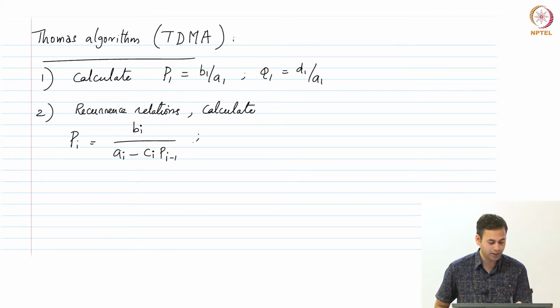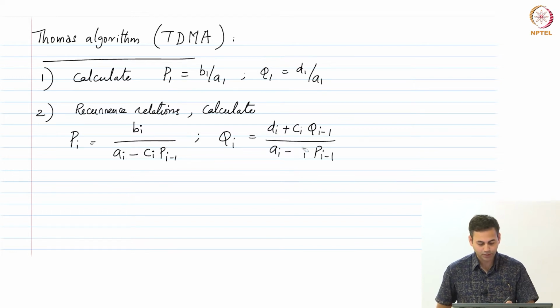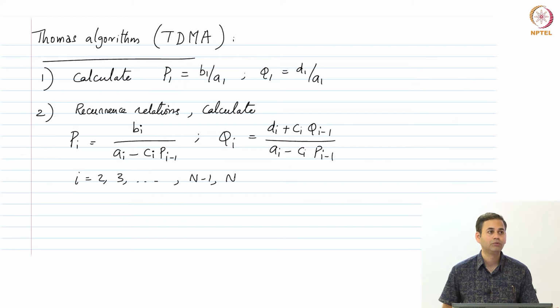And then we have Qi equals Di plus Ci Qi minus 1 upon Ai minus Ci Pi minus 1. So, essentially for i equals 2, 3 all the way to n, we are going to use these recurrence relations and calculate Pi and Qi.